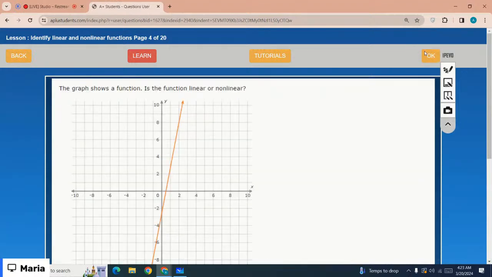The graph shows a function. Is the function linear or non-linear? Which is the correct option?